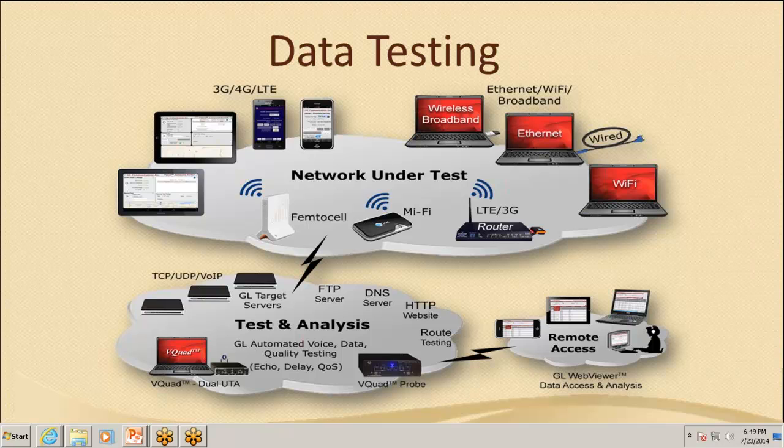And they're also using it in the labs. For instance, in this picture, you're seeing the femtocell. So they're testing the femtocell. They're isolating the femtocell, and they're making sure that the data testing is working through that. So they're using it for all sorts of reasons.